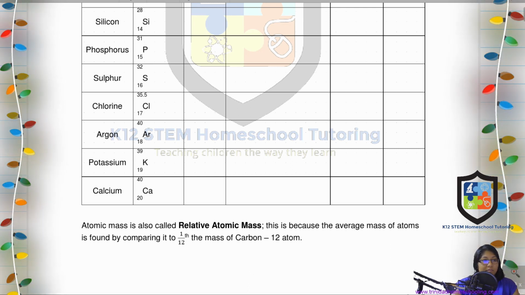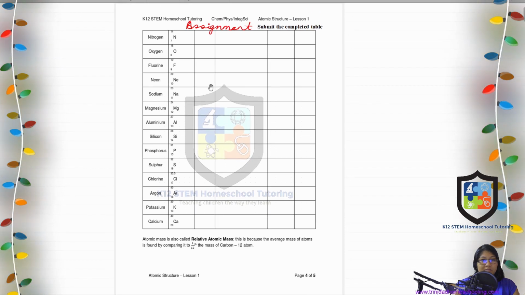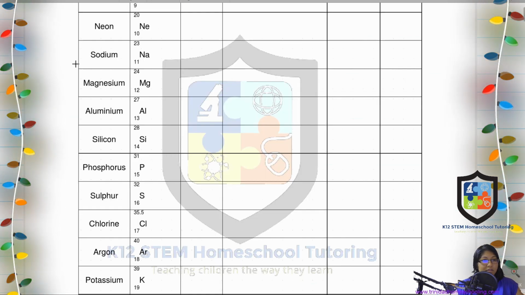So complete this table here, submit it in the classroom or wherever you need to submit it to for me to correct it, to make sure that you have them in the proper order. And then you would need to learn your elements, your notation, the symbols for them. Okay, and you need to learn the atomic number. Usually you could count on your finger what atomic number it is.